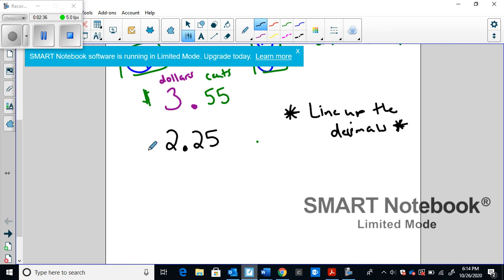Okay, that's the biggest takeaway from this first section here, which means that I have $2.25 plus $1.30. I want to line them up so that the decimals are in the same spot. We also want to make sure that they're in the same place value, okay? And that's what lining up the decimal does.